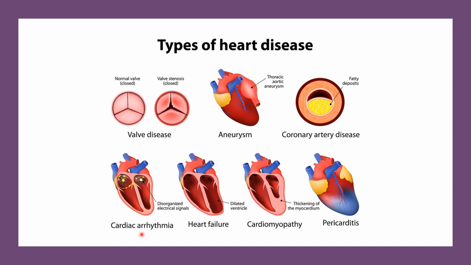You also have cardiac arrhythmia, which is disorganized electrical signals, so the problem is with the signals. Then you have heart failure because of dilated ventricles. You also have cardiomyopathy, or the thickening of the myocardium. And then, of course, pericarditis.